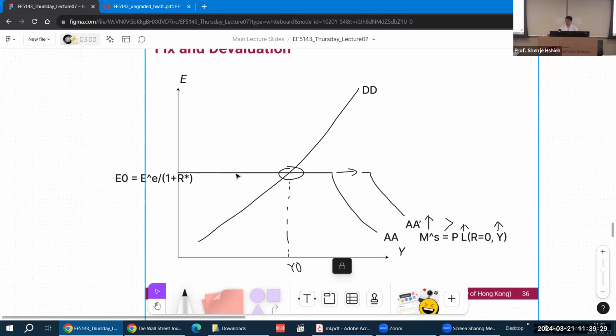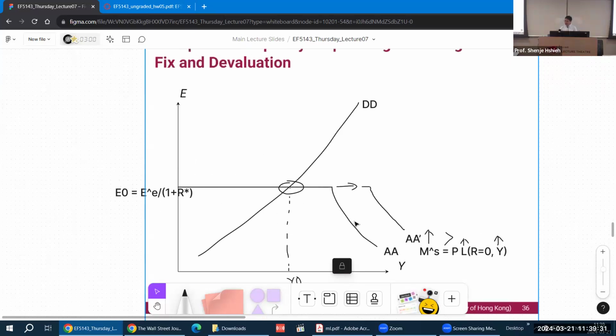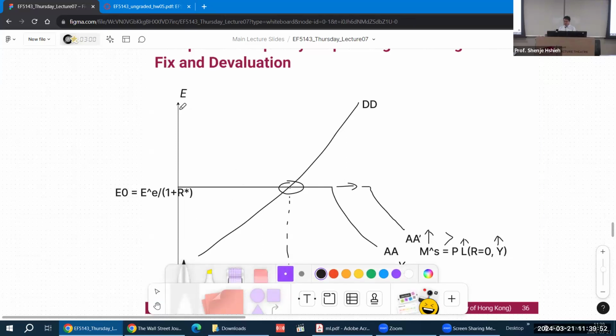So if you were to get yourself out of this trap and you can't use negative interest rates, then one way to get yourself out of that is to devalue your currency. Okay, Japan could announce, we're going to adopt a fixed exchange rate, and I'm going to conduct devaluation, and I'm going to set my exchange rate at this level, for example.